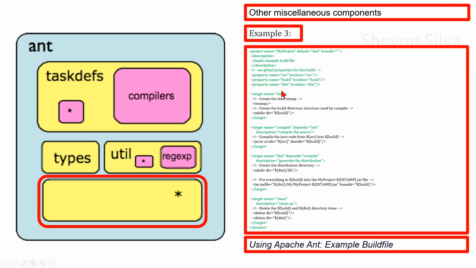Some tasks will generate build failures if they are used outside of the targets, as they may cause infinite loops otherwise. And for example, we have given some targets descriptions. This causes the -projecthelp invocation option to list them as public targets with the descriptions.